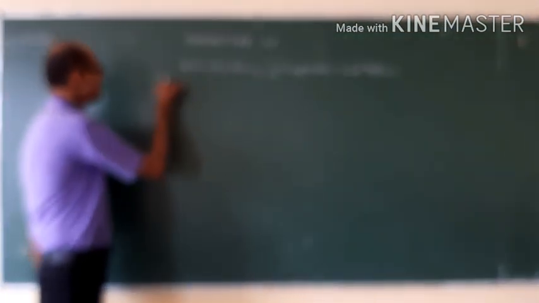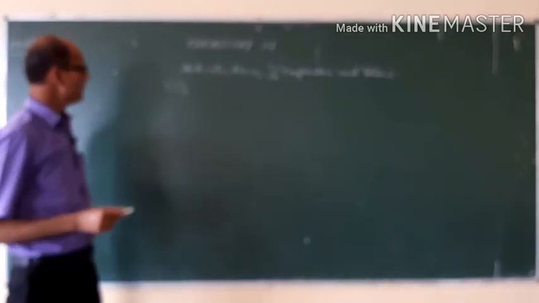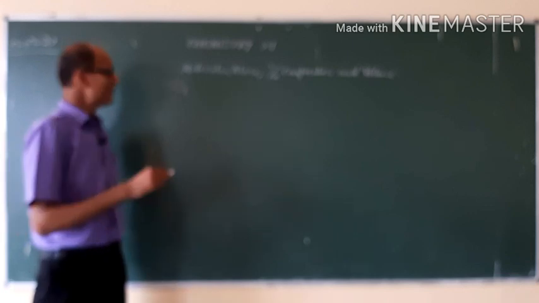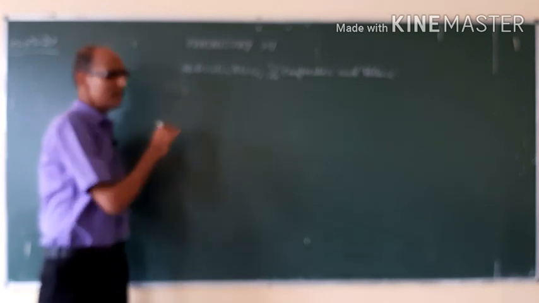Suppose any molecule is there, that is the CO2 molecule. In this molecule you are seeing one C atom and two O atoms.